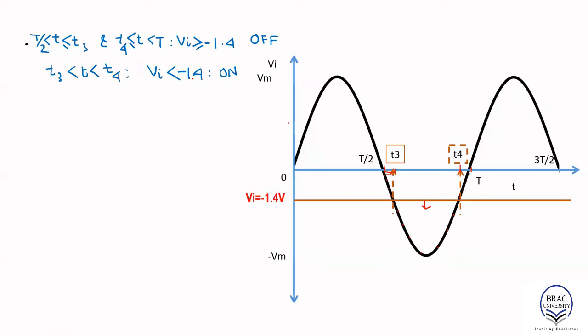So now we're going to determine the input output relationship for when the diode is on and the diode is off. First of all, let's do it for off. So for that, let's redraw the circuit, assuming the diode is off.